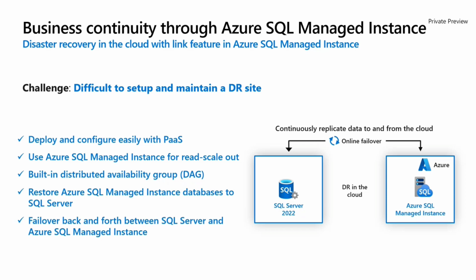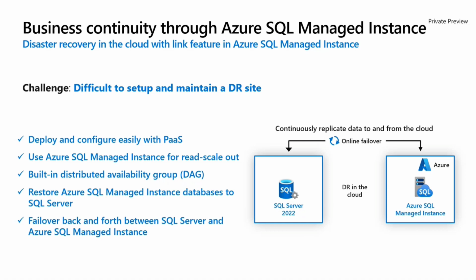That means that if for some reason we have a problem in our main site where we have SQL Server 2022 running, we can switch the roles, and now the read-write replica or the primary replica will become the managed instance, right? So the inserts, updates, and deletes will go there. Right. So this is a really, really interesting concept that is super nice to have available, right?